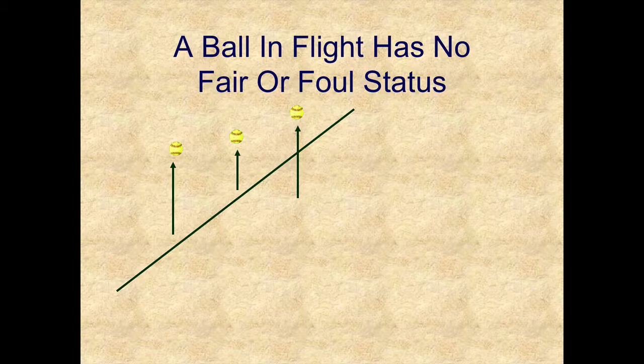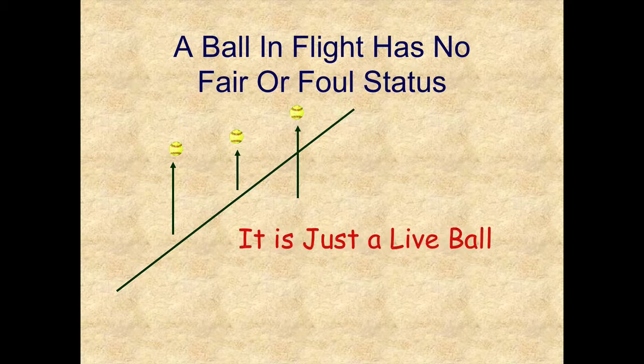You saw in the previous frame that one umpire simply called an out. That is because a ball in flight has no fair or foul status until it is touched, hits the ground, or stops. A ball in flight is simply a live ball.